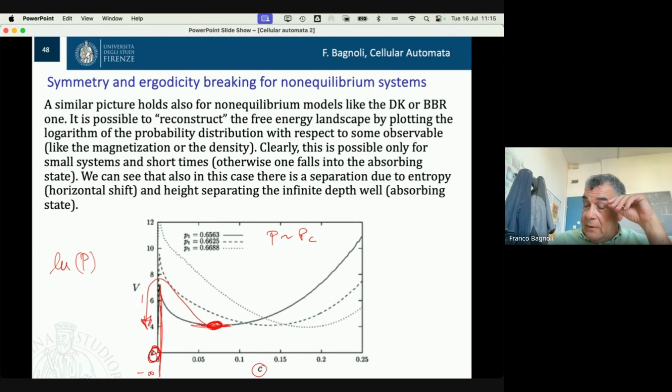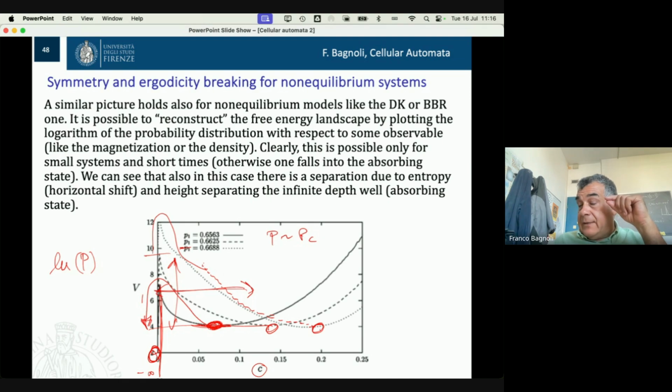But when we increase the probability, and clearly if we increase also the size of the lattice, we see that both the free energy barrier grows, and also there is a kind of entropic barrier that increases because the equilibrium point goes to larger values of c, and this means that to go into the absorbing state, you need to perform a random walk, because each movement is random in the simulation, and overcome this barrier.